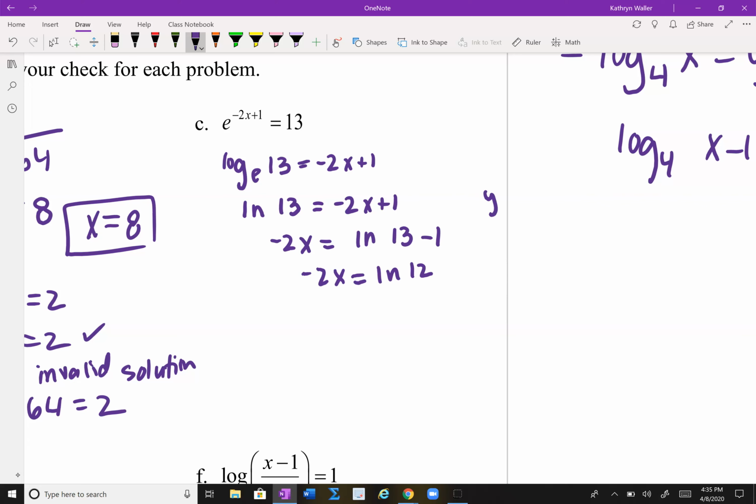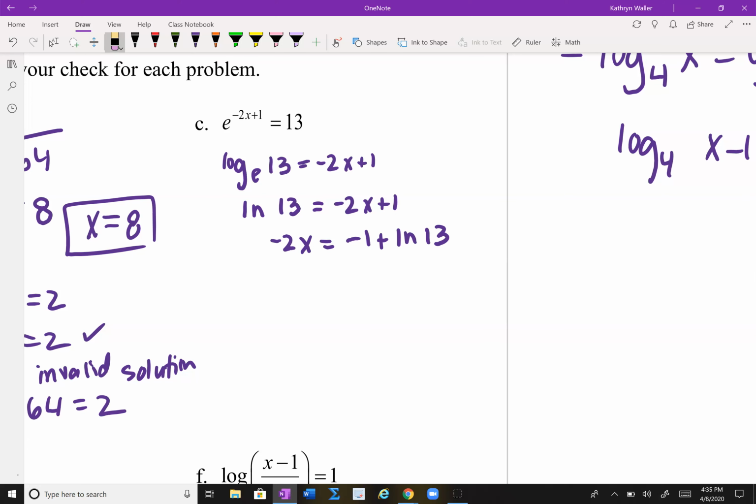That's like adding y plus z together. They're not like terms, so you can't do that. So instead of writing it as 13 minus 1, I would write it as negative 1 plus ln 13.